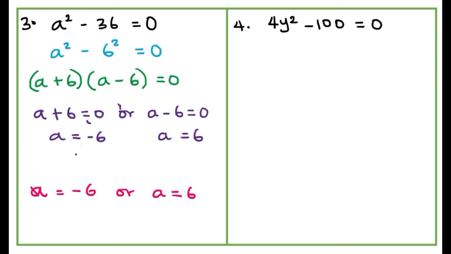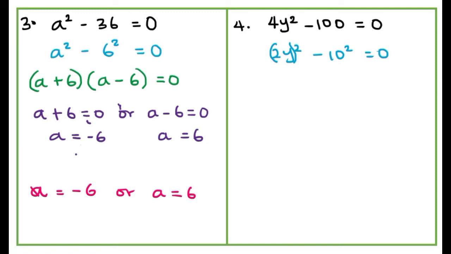In the final example, let's have 2y squared for 4y squared minus 10 squared for 100 equals 0.